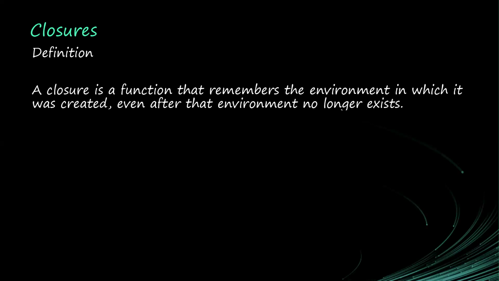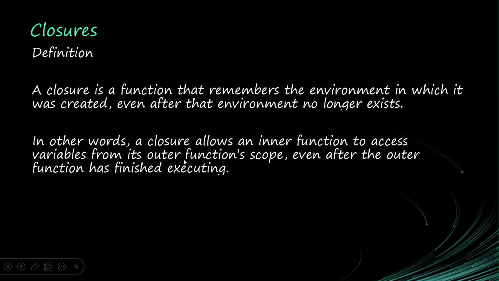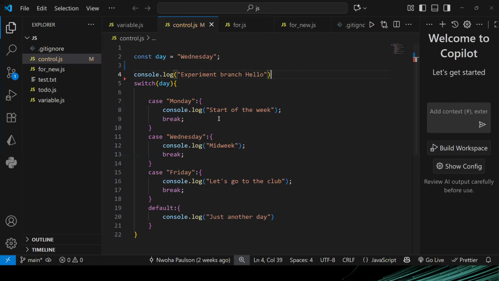In other words, a closure allows an inner function to access variables from its outer function scope, even after the outer function has finished executing. Long story cut short, a closure is like an inner function inside of an outer function. Let me show you something.